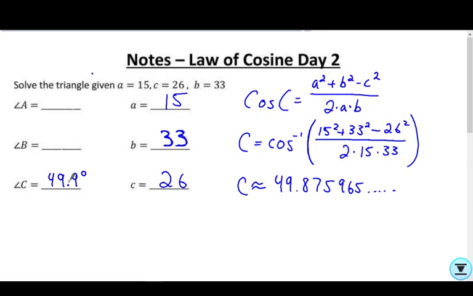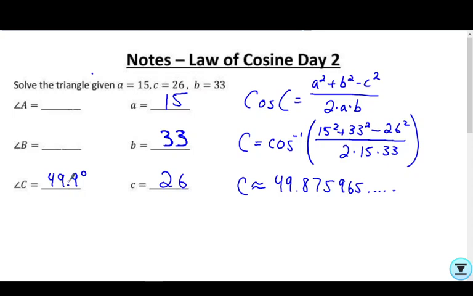Now, you have a choice at this point. You can either use the law of cosines again to find one of the other angles, so you could find angle A or angle B, or you could switch to the law of sines. But if you switch to the law of sines, the next angle you find had better be angle A. Just like we talked about before, if you're switching to the law of sines, you start by finding the smallest side.